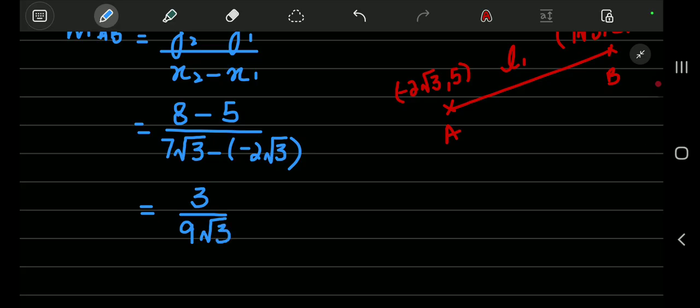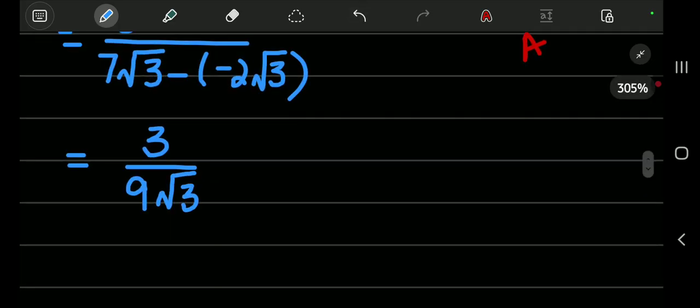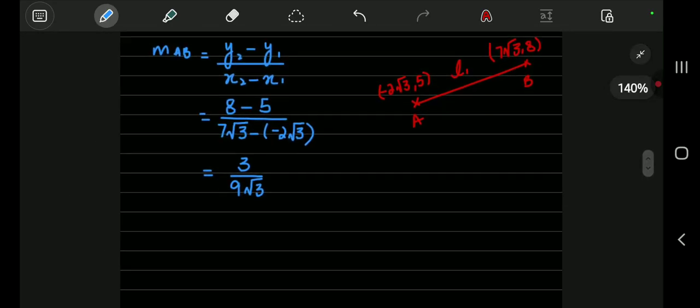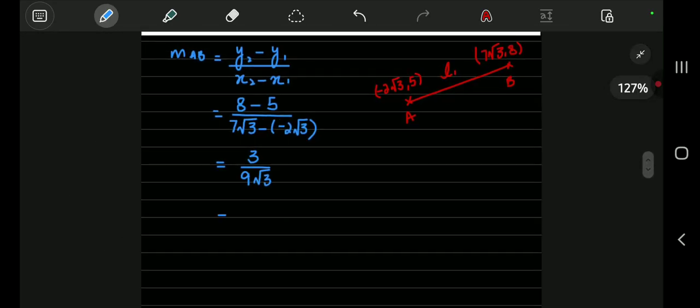And as we know, we don't keep this square root in the denominator. So what we will be doing, we will be rationalizing it, multiplying and dividing by root 3. It will give you 3 root 3 over 9 times 3.